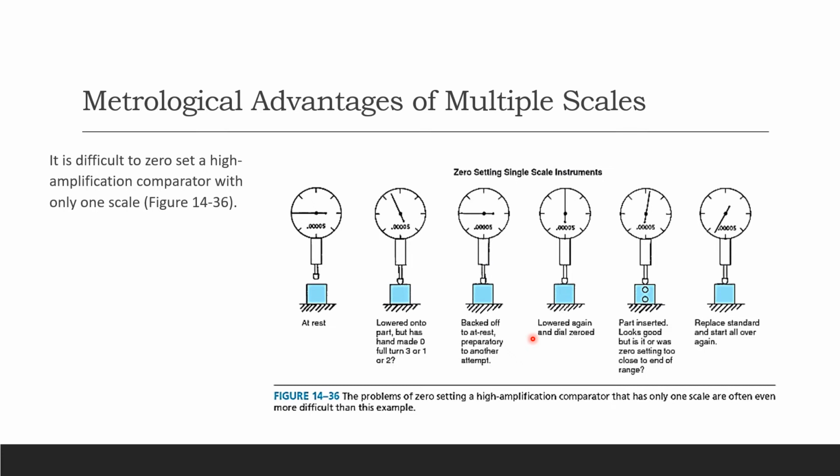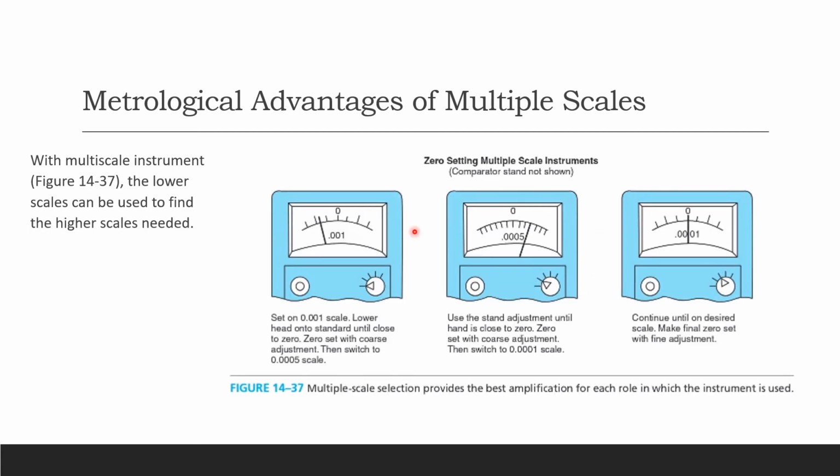So using one scale is really difficult. You have to lower again, and then you insert the part right there. It looks good, but zero setting is too close to the end of the range again. So here, replace the standard and start all over again. You have to do that again and again in order to get the correct zero setting if you use only one scale.